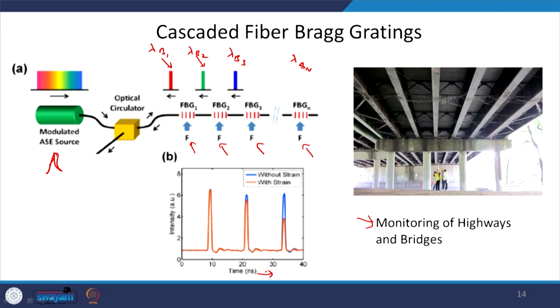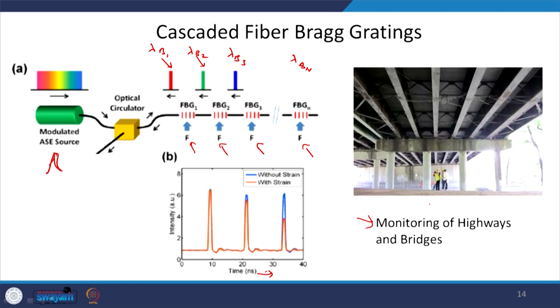This kind of cascaded FBGs is generally employed in monitoring of highways and bridges. So, what you do is that you put this FBG sensor optical fiber, and it keeps on online monitoring of the health of bridges and the pressure on it. When lots of loaded trucks are moving through, then you can know what the pressure is, and if it is good for these trucks to go at once, or maybe you pass them accordingly. So, that is how you use cascaded Bragg grating sensors.